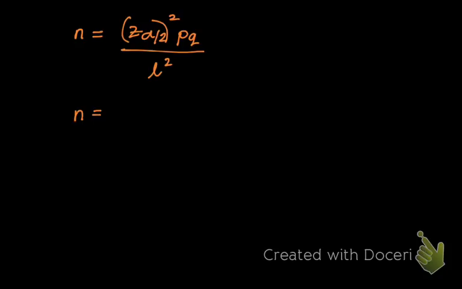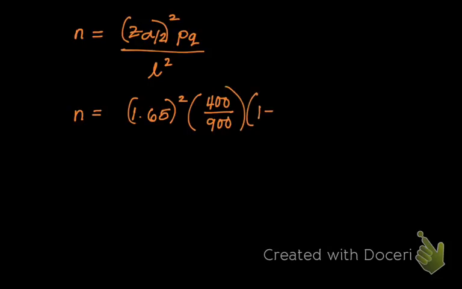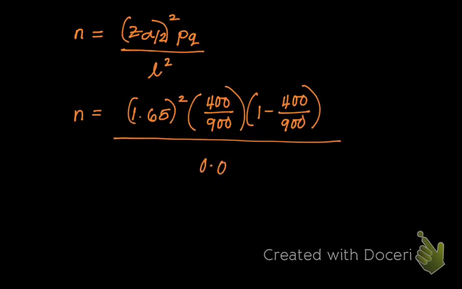So, N is 1.65 squared times 400 over 900. And then for your Q, it's just a complementary. And then our error is 0.035. That's squared.